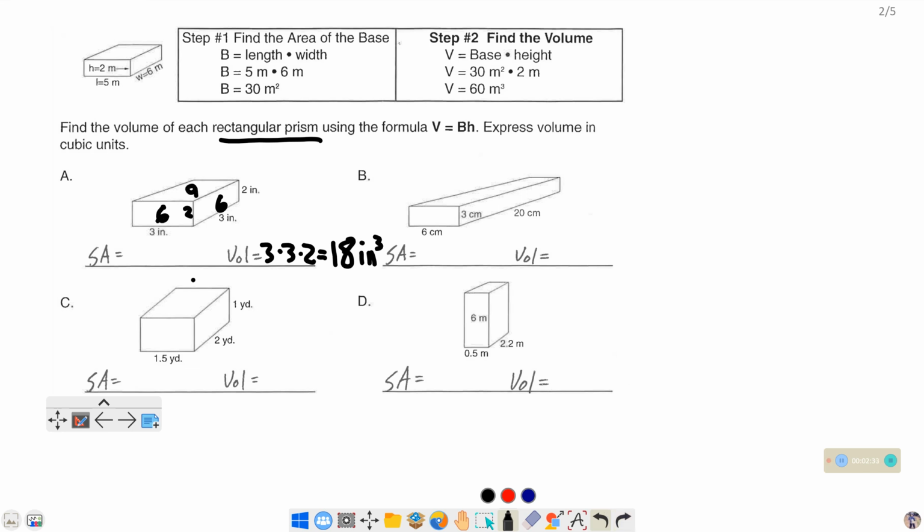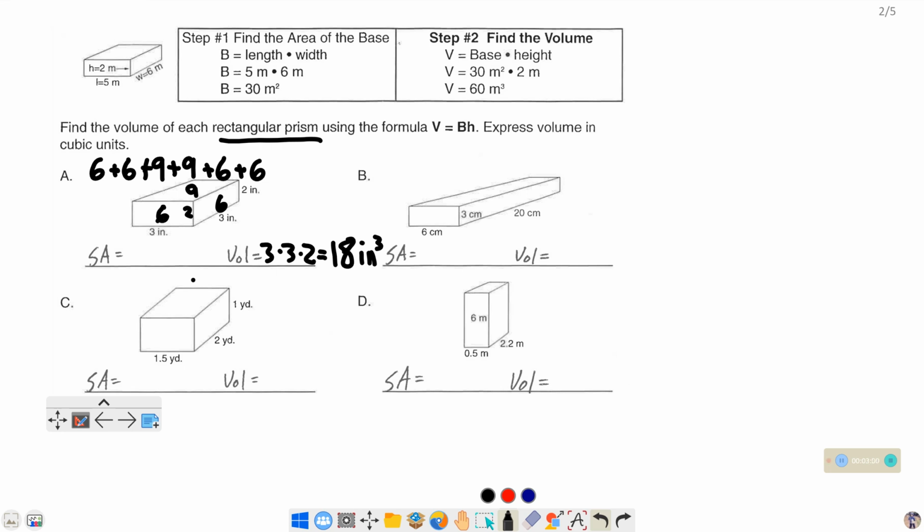Now, there are 6 faces in a prism, but I can only see half of them. So for every front 6, I know there is a back 6. For the top 9, I also know that there is a bottom 9. For the right hand 6, I also know there is a left hand 6.